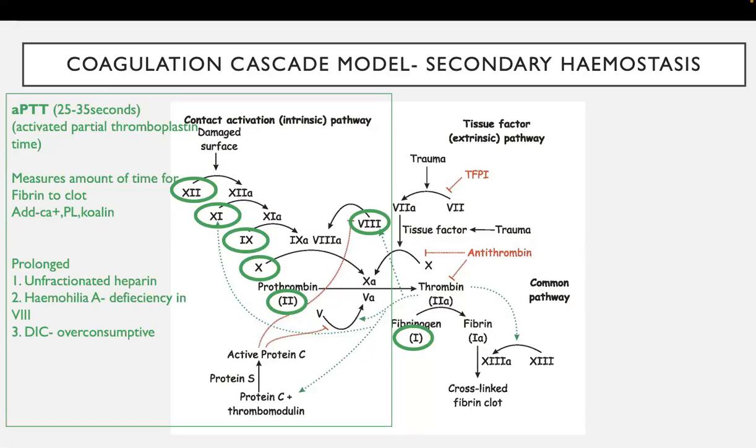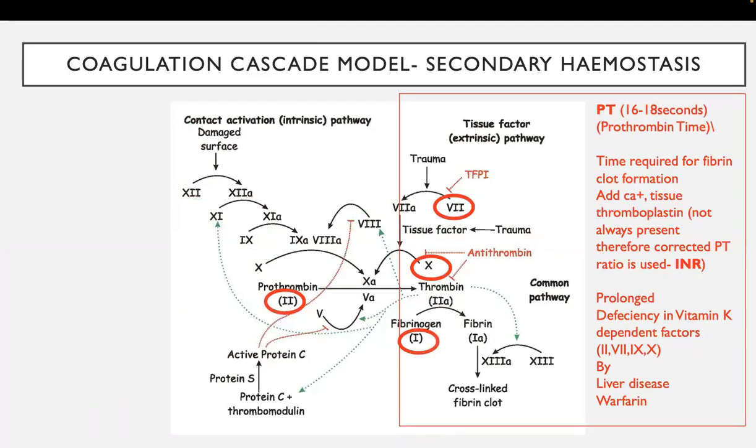The normal time is 25 to 35 seconds. If it's prolonged, it can mean that you have an overdose of unfractionated heparin, your patient has hemophilia A, so a deficiency of factor 8, or there's DIC because of overconsumption.